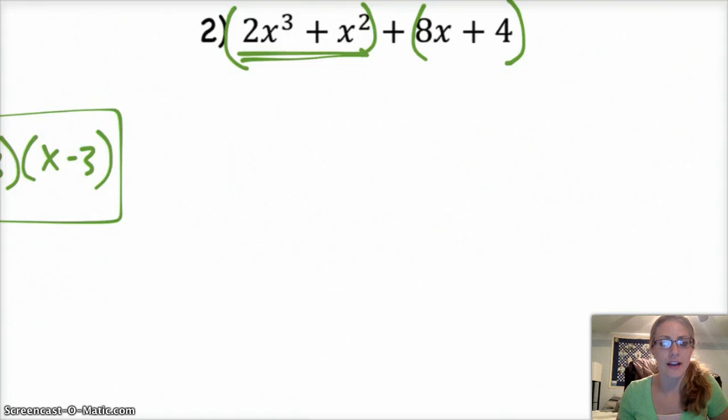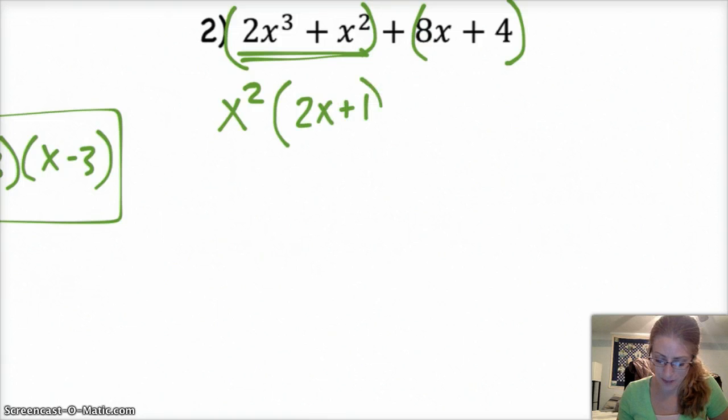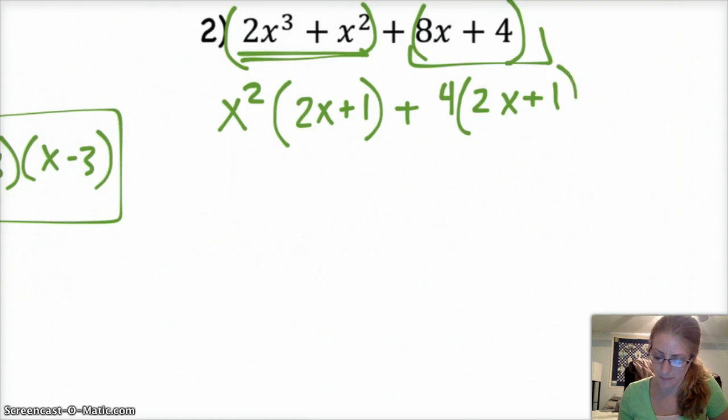Both terms here have an x squared, so I'm going to pull out x squared, and I'm left with a 2x plus 1. And both of these terms are divisible by 4, so I'm going to pull out a 4, and I'm left with 2x plus 1, because 4 divided by 4 is 1. Don't forget about that. It doesn't disappear.